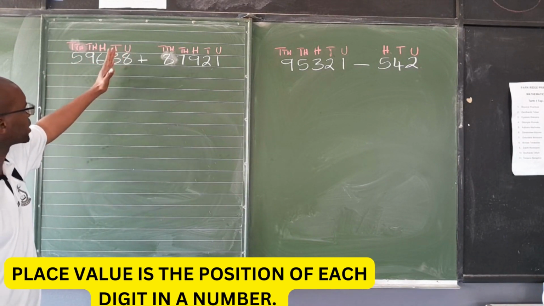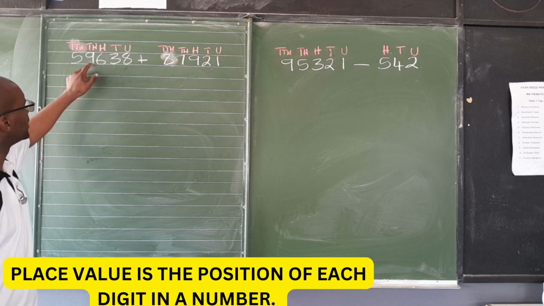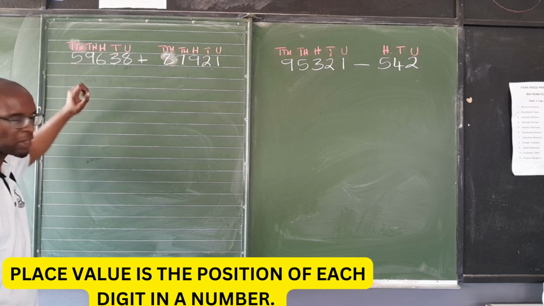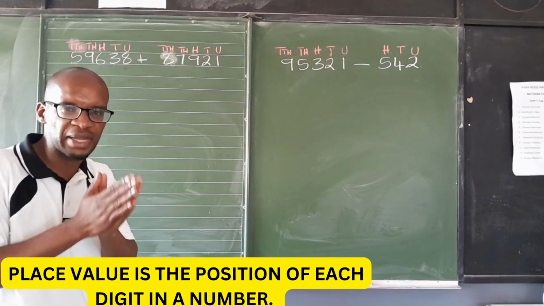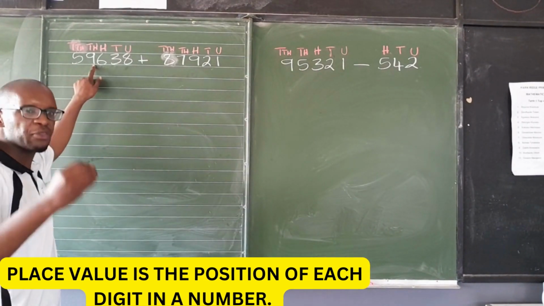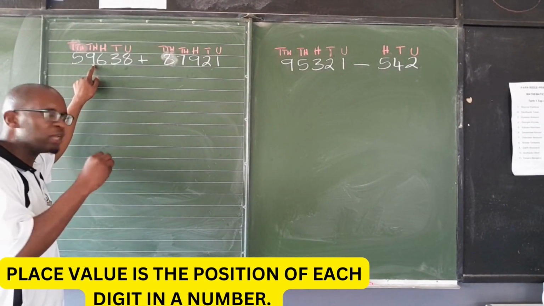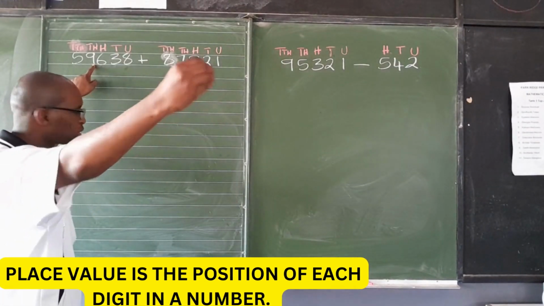So the 8 would represent units, the 3 would represent tens, the 6 hundreds, 9,000s, and the 5 10,000s. So the place value tells us the position of the number. Here again as an example, the 9 represents thousands, but the value of this specific digit would be 9,000.